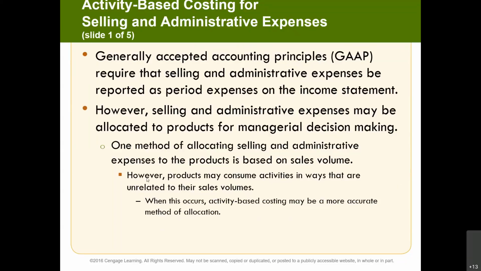And so one method of allocating selling administrative expenses is to the products based on their sales volume. However, the products may consume activities in ways that are unrelated to sales volume. So when this occurs, activity-based costing may be a more accurate method of allocation with respect to selling administrative expenses as well.